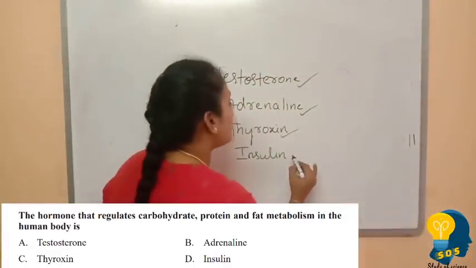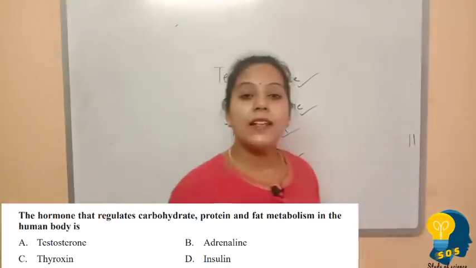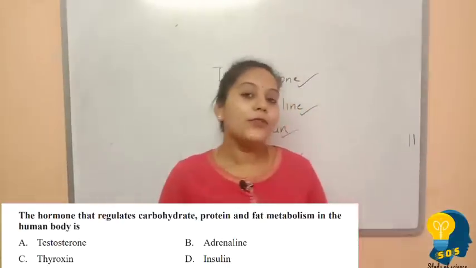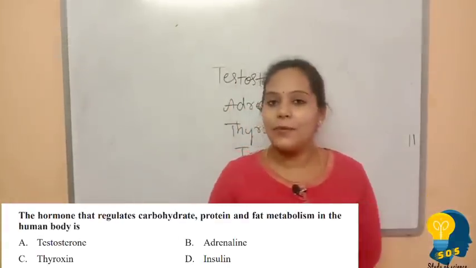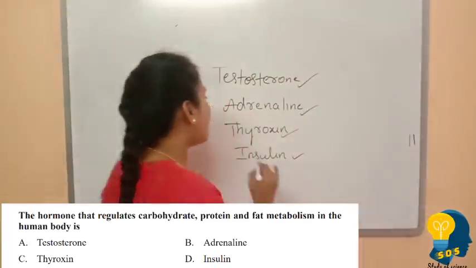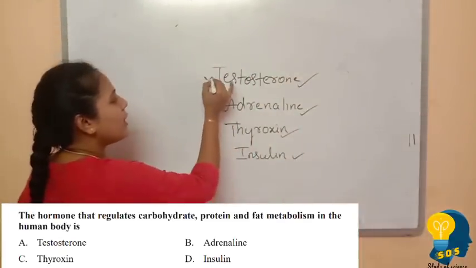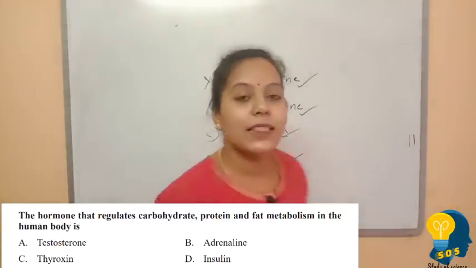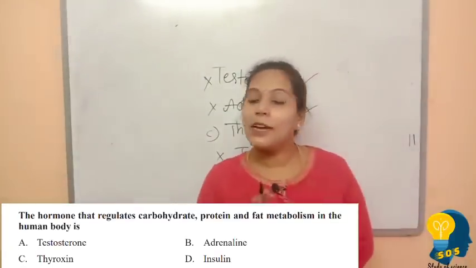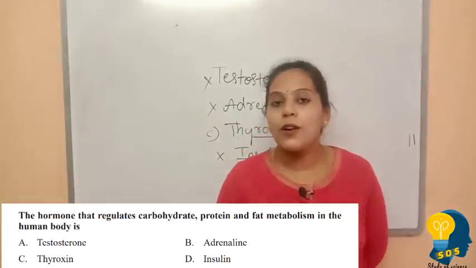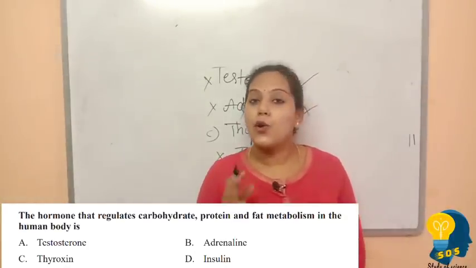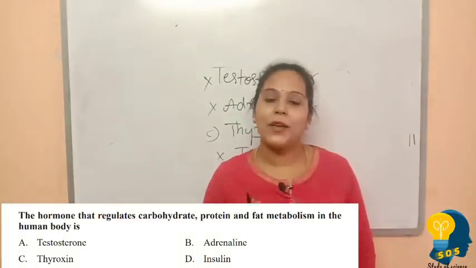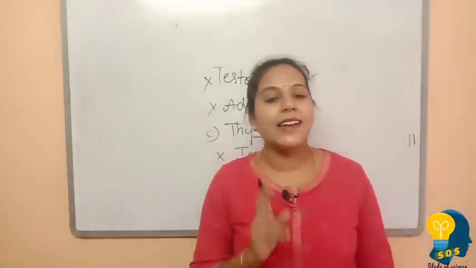When we look at option D, insulin is released in our body to maintain the blood sugar level. So option C is the correct answer, not option A, B or D. Thyroxine helps in overall body metabolism, especially fat metabolism, protein metabolism and also carbohydrate. So option C is the correct answer.